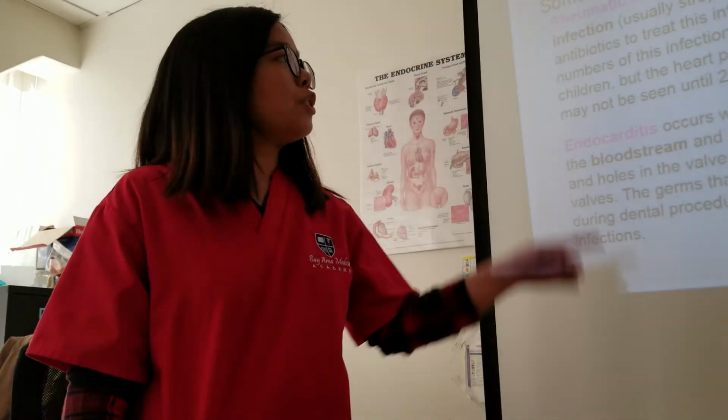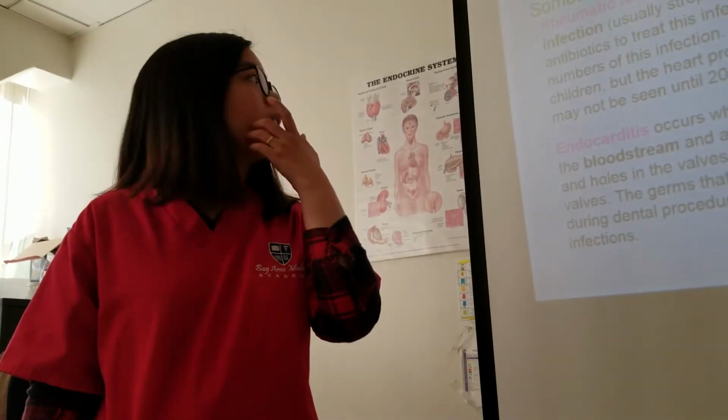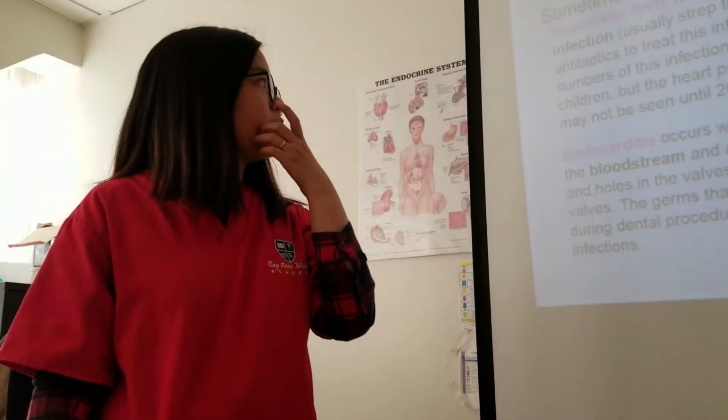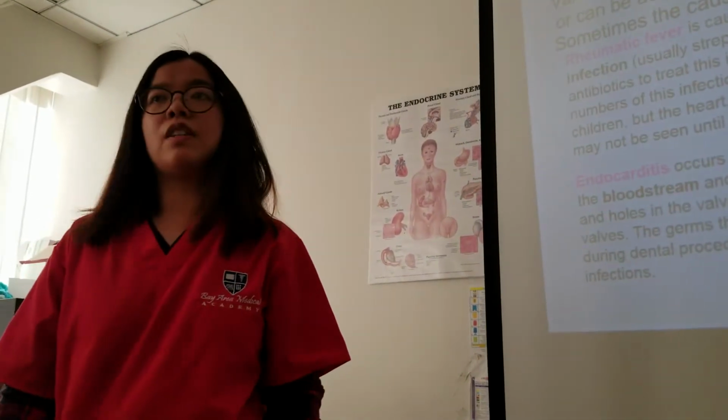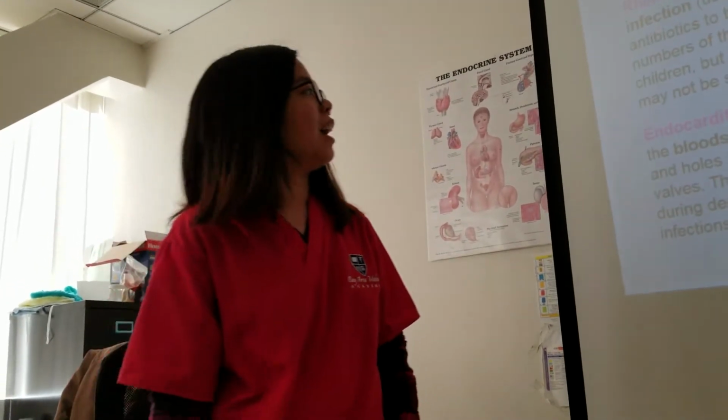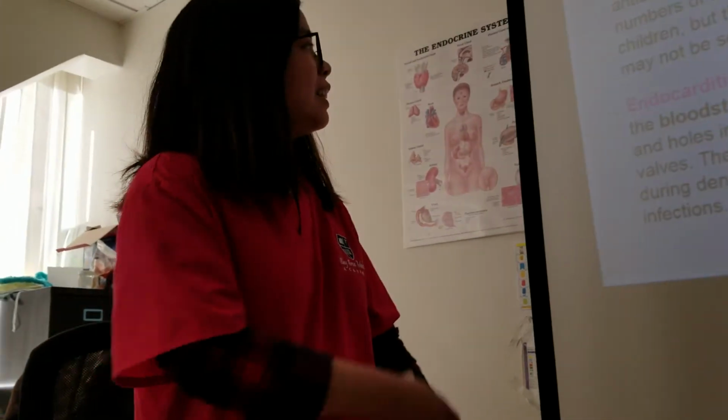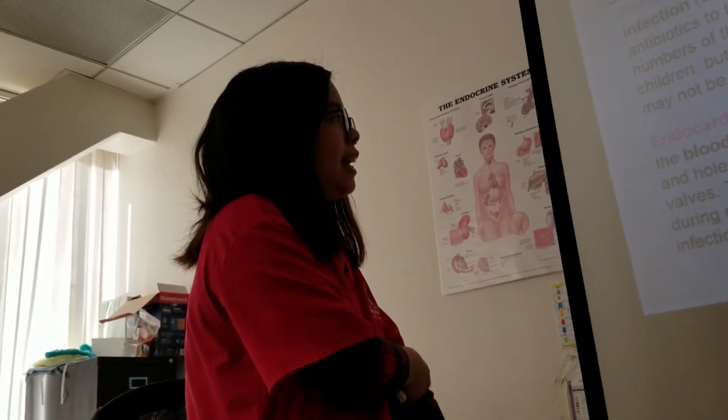The initial infection usually occurs in children, but the heart problem associated with the infection may not be seen until 20 to 40 years later. The second one is endocarditis.